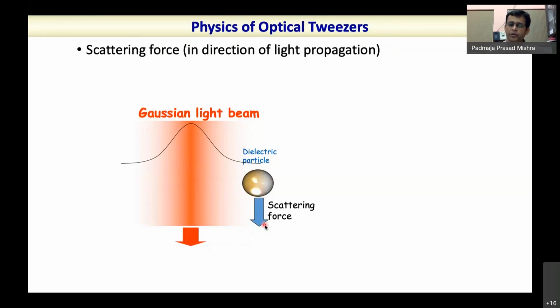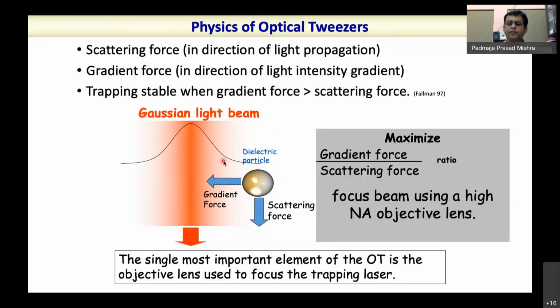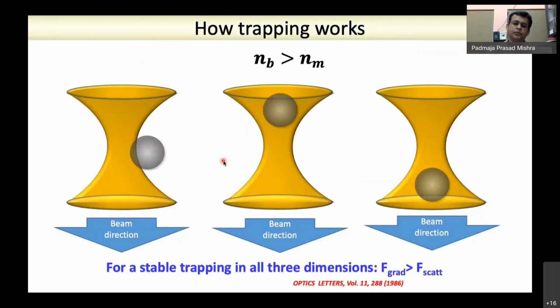So the scattering force works in the direction of propagation of the light, and the gradient force works towards the center, where the light is more intense, and the gradient force has to be higher. So there are three cases. If the object is outside the propagation of the laser beam, but orthogonal to the intense area, then it can be trapped.